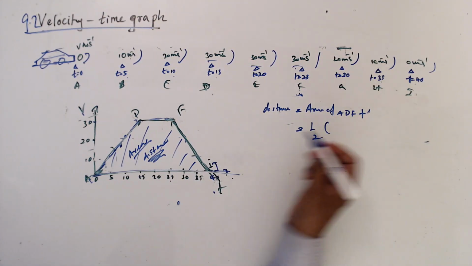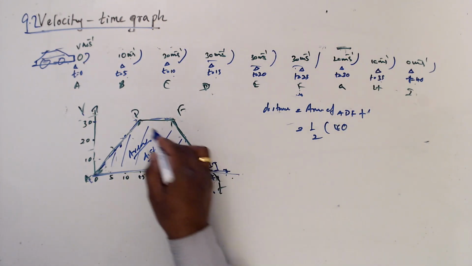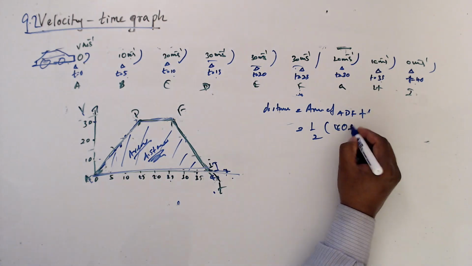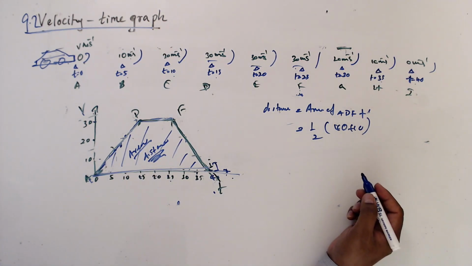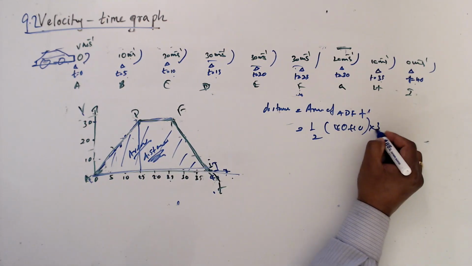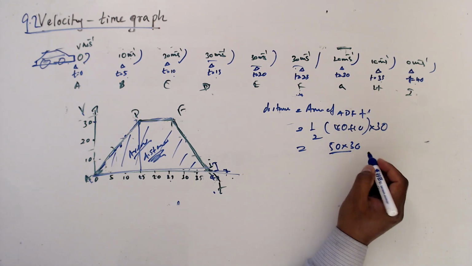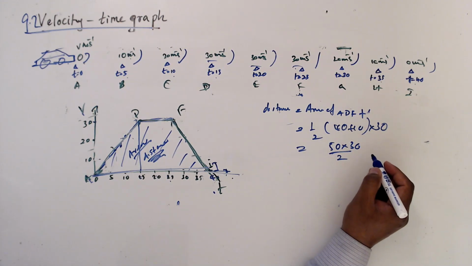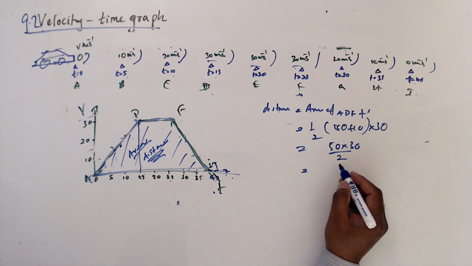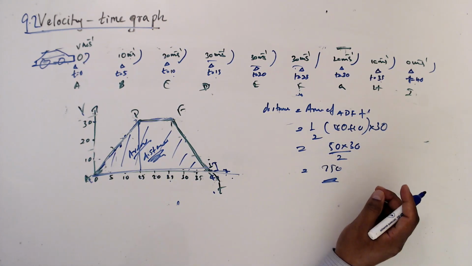Half times, this side is 40 and this side is 10, so the sum is 50, and the perpendicular height is 30. So 50 times 30 divided by 2 is 750.